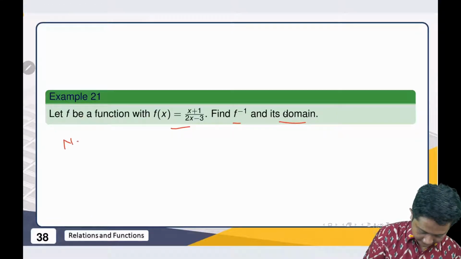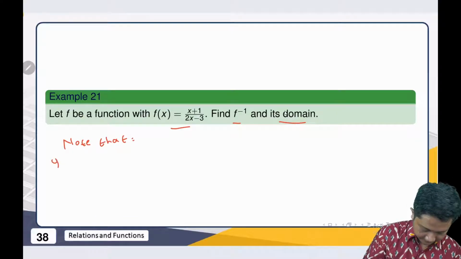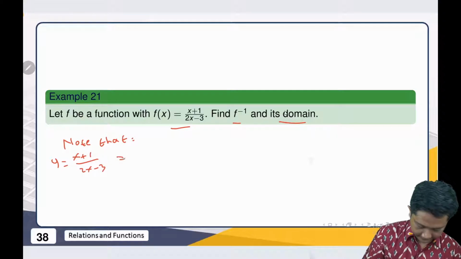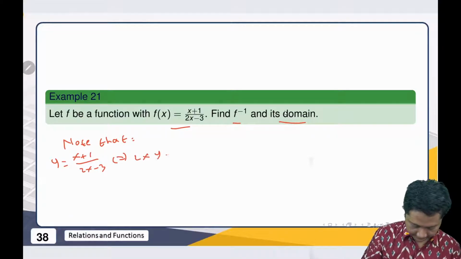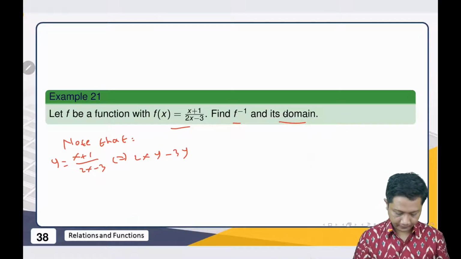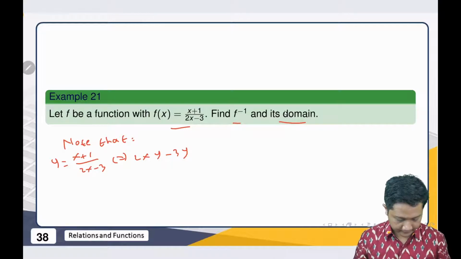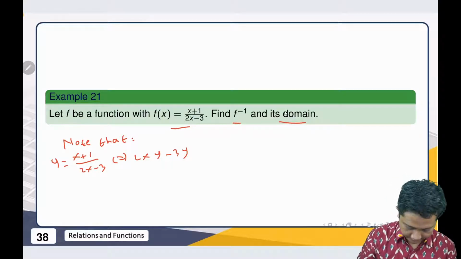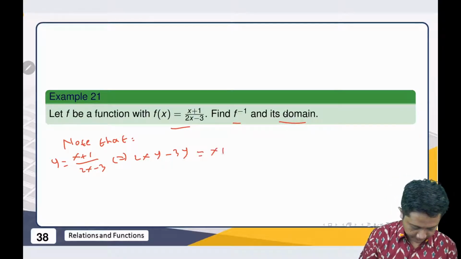Note that if I have y equal to (x+1)/(2x-3), then this will be the same as 2xy - 3y, because we multiply both sides by 2x - 3, equal to x + 1.